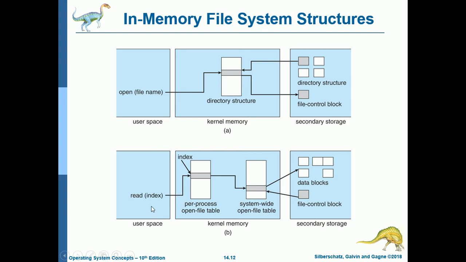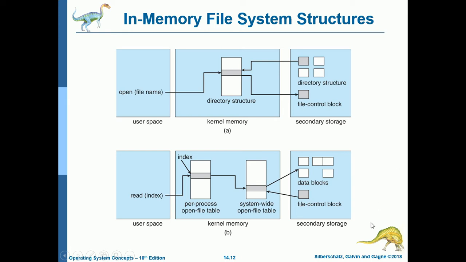So if a user will read a file, it needs two tables, the per process open file table. Then you just need the index, because the per process open file table just needs an index identification, and then it points to the system wide open file table, and then we have the data blocks, and of course again it needs the file control block.